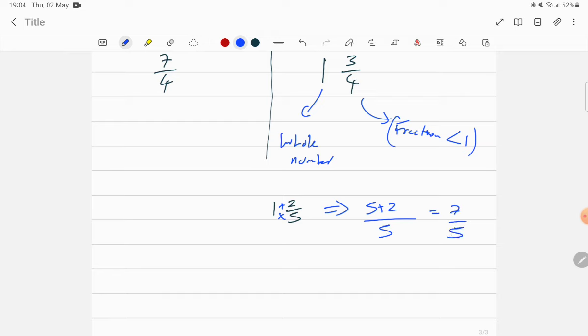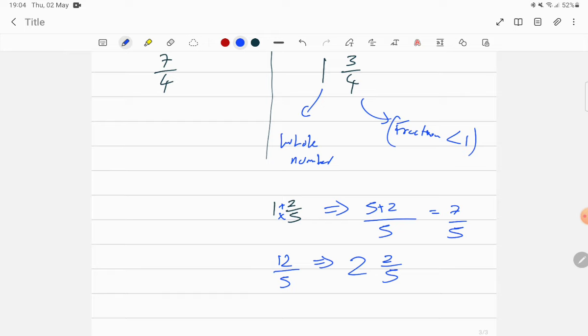And likewise, if you were to go back, for example, let's use 12 over 5. You would see how many times the denominator goes into the numerator. So 5 goes into 12 2 times, and that's your whole number. Then the balance, which is 2, would just be 2 over 5.